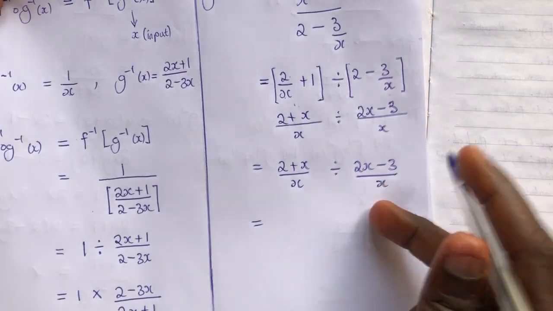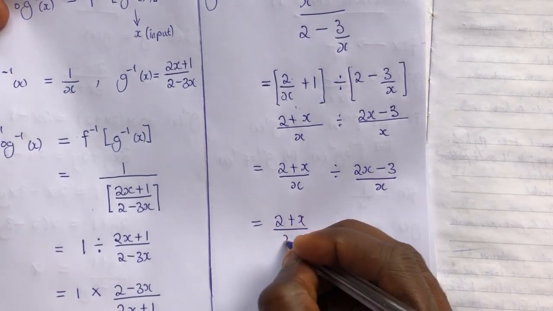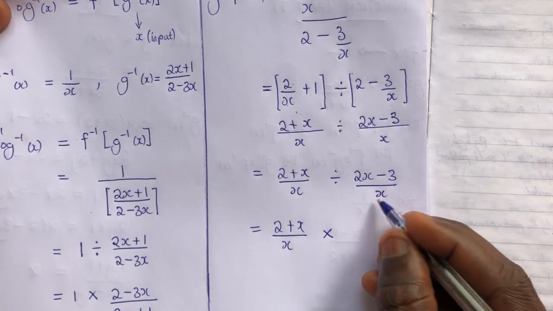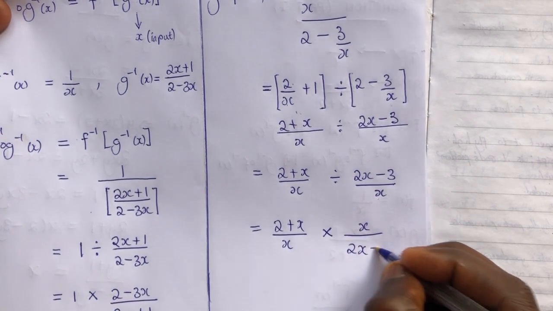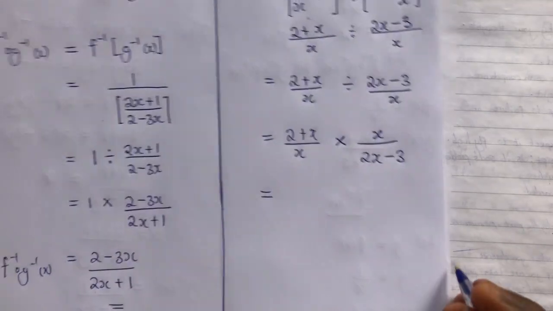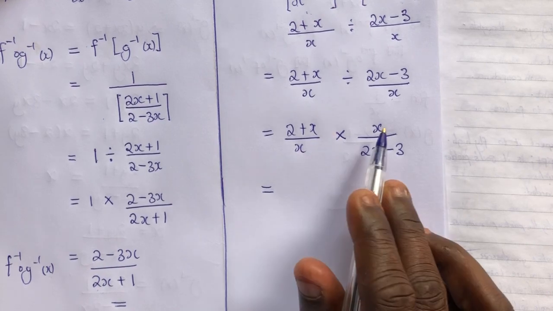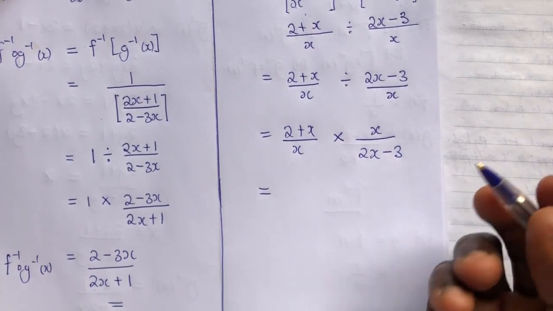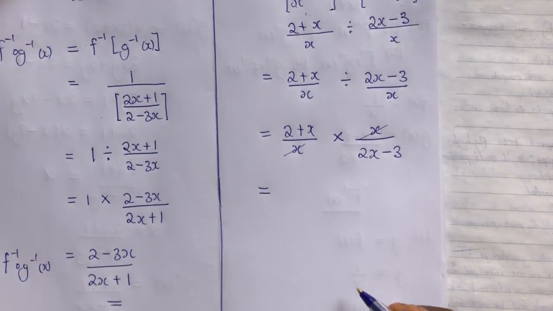The next step is to turn this side upside down, and we have 2 plus x out of x. You maintain the left hand side, we change this to multiplication, we turn this one, we have x out of 2x minus 3. So now this can cancel this, so I don't need to write it, but let's write a step and take care of this one.